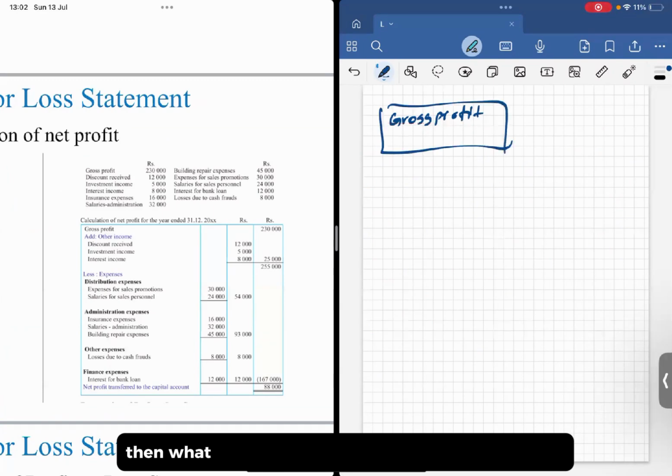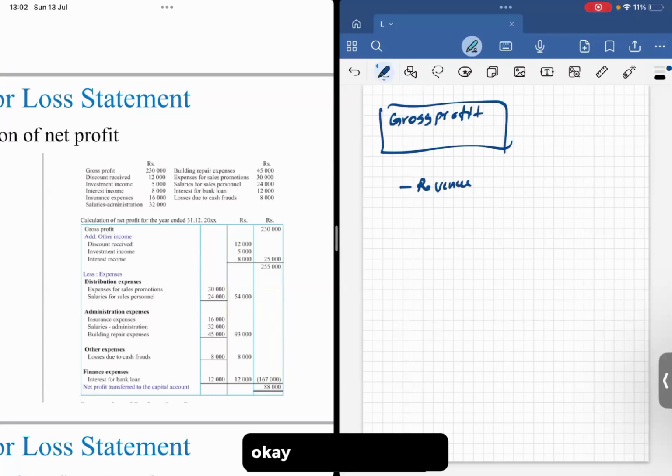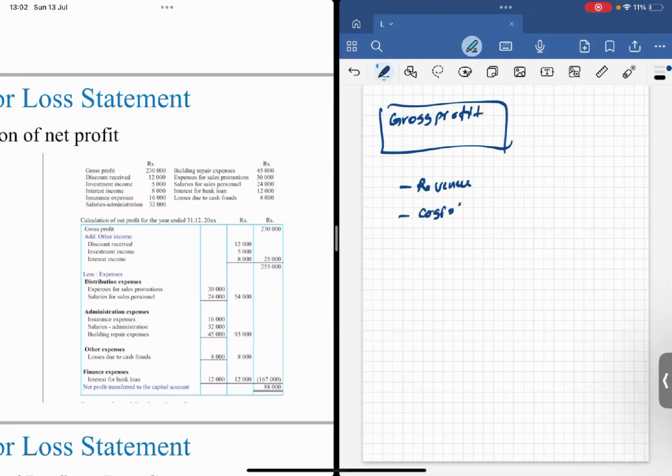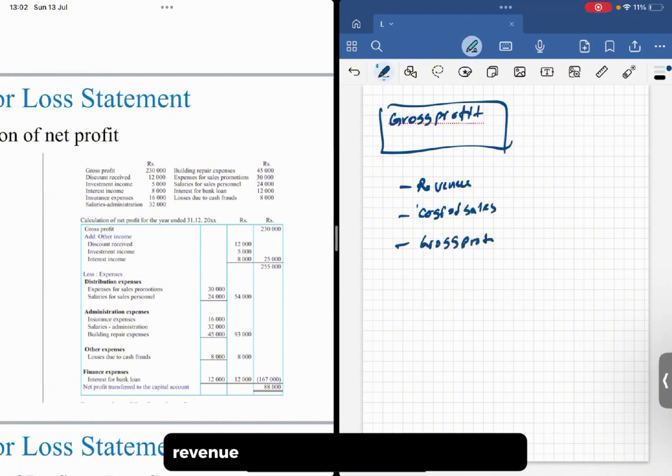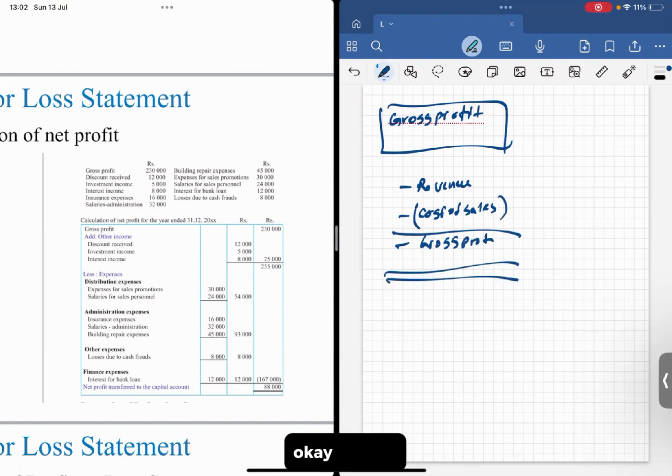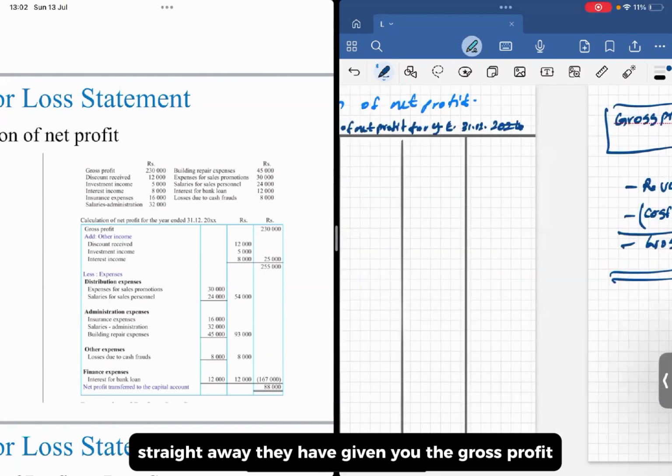Then what should you do? You should include revenue, then cost of sales, then gross profit. Revenue minus cost of sales is gross profit. But here they have given you the gross profit straight away.